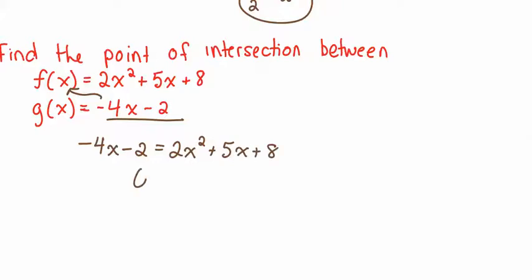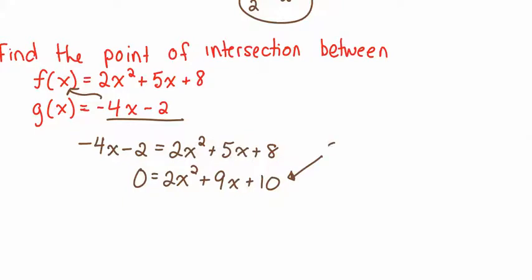Move everything to one side. So 2x squared, then we'll have plus 5x. We move the negative 4 over, it'll be plus 4, so that's plus 9x. Then we move the negative 2 over, it'll become plus 2, and 8 plus 2 is plus 10.